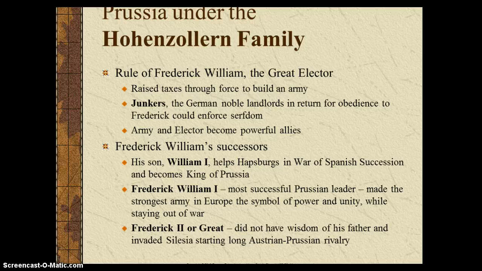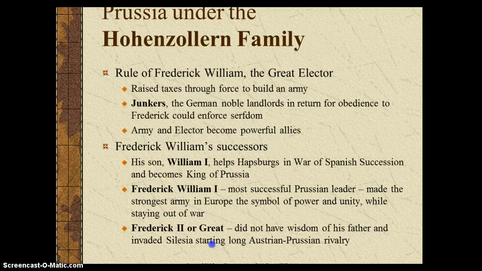So he creates an army that he makes allies with. Frederick William's successors, his son William I, helps the Habsburgs in the War of Spanish Succession and becomes the King of Prussia. Frederick William I is the most successful, so you'd want to keep this person in your project. Made the strongest army in Europe, the symbol of power and unity while staying out of the war.